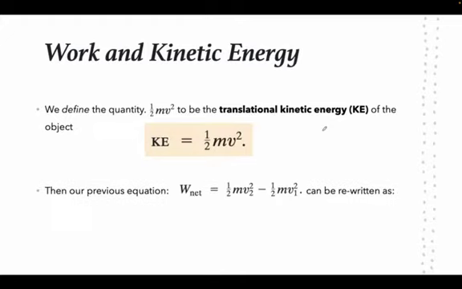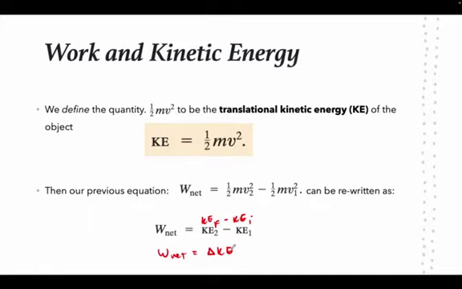Now, that means that our equation that we found, net work is equal to 1/2 m v2 squared minus 1/2 m v1 squared, we can rewrite as kinetic energy 2 minus kinetic energy 1. Or we can also say final kinetic energy minus initial kinetic energy, which is another way of saying that net work is equal to the change in kinetic energy.